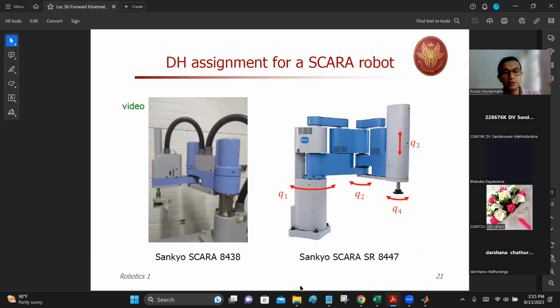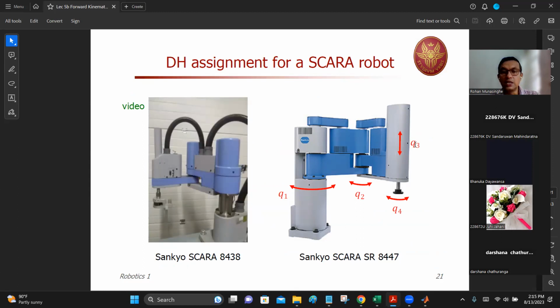Now with that, we can look at some of the existing famous industrial manipulators. What you see here is the SCARA robot. I think I have shown you the SCARA robot in one of the previous lectures. So it has three vertical axis joints. Look at the first one, Q1, and the second one, Q2.